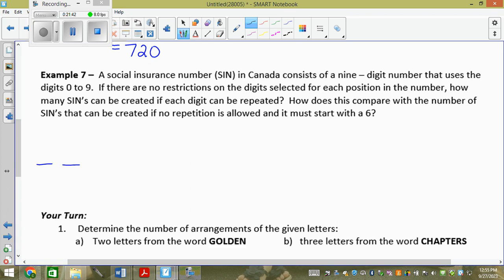1, 2, 3, 4, 5, 6, 7, 8, 9. No restrictions. So how many options would each of these have if there were no restrictions? 10.